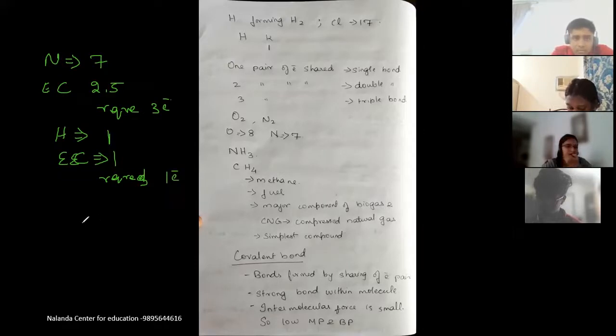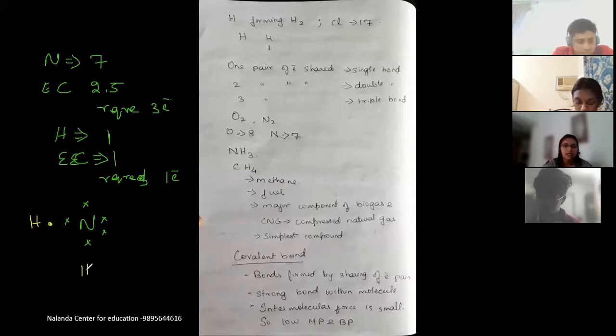So what does it mean? Nitrogen has 5 electrons in its outer shell. Hydrogen has 1 electron in its outer shell.